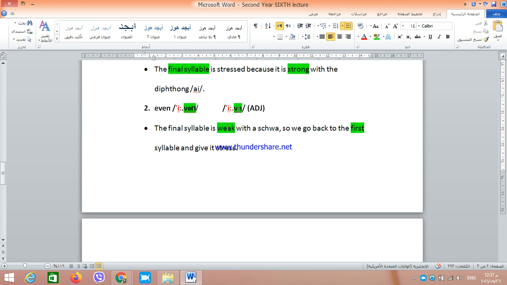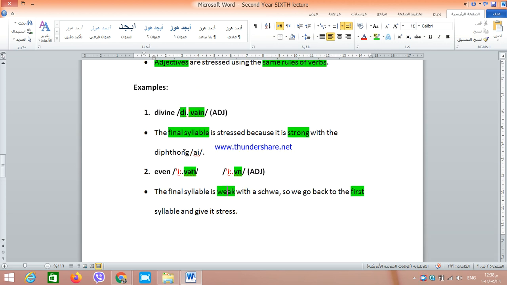If it is strong, we give it stress. If it is not, we go back to the first. We discover that this syllable is weak, so we go to the first syllable and give it stress, as you can see.